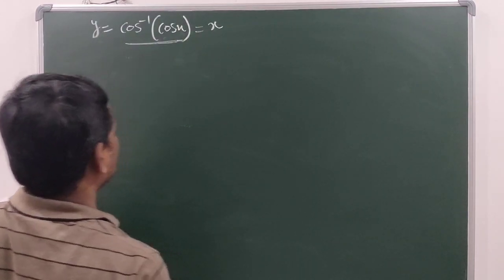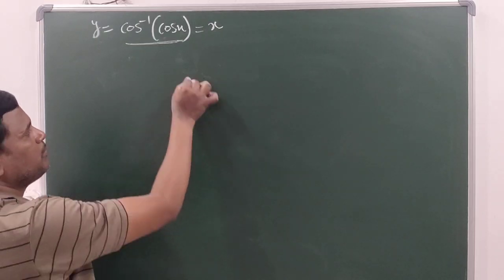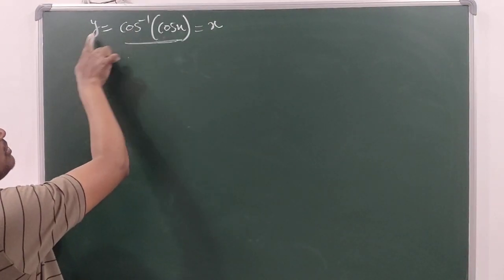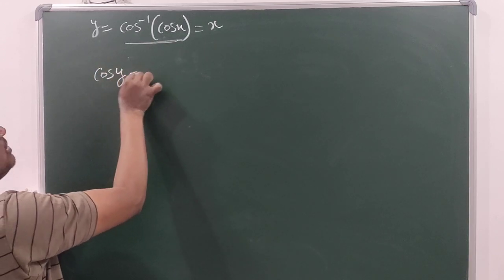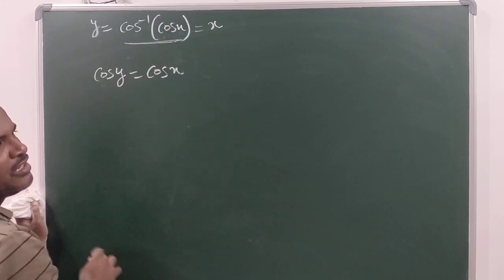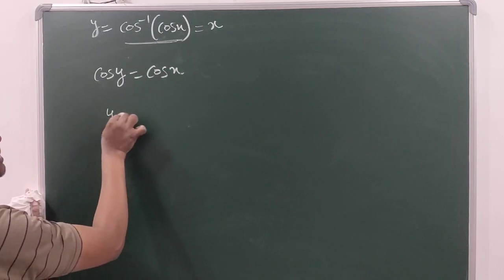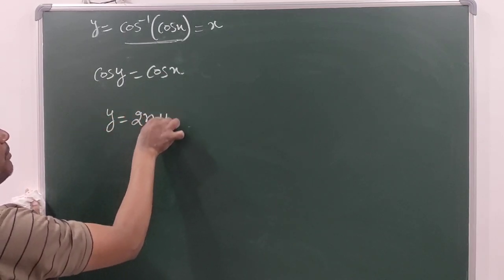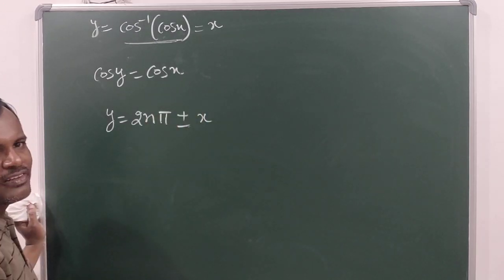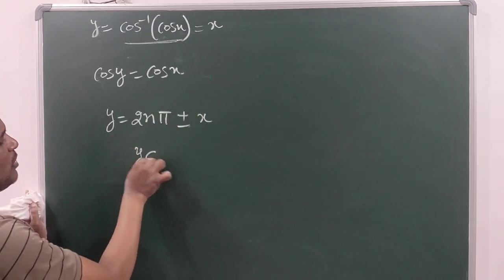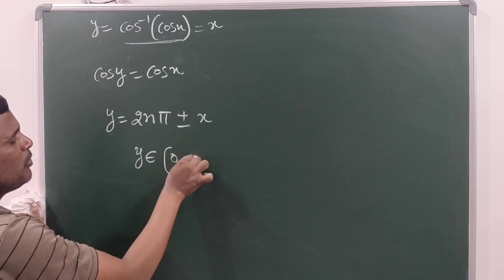Now observe this graph carefully. When you take cos inverse on the left side, cos y is equal to cos x. If you write the general solution for this, y equals 2n pi plus or minus x, where y belongs compulsorily to 0 to pi.